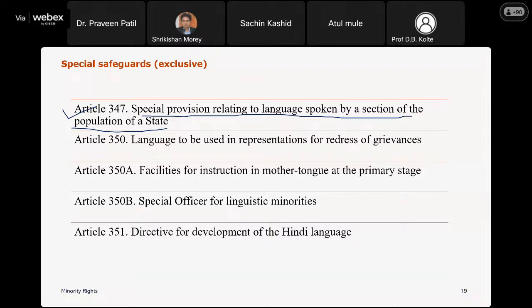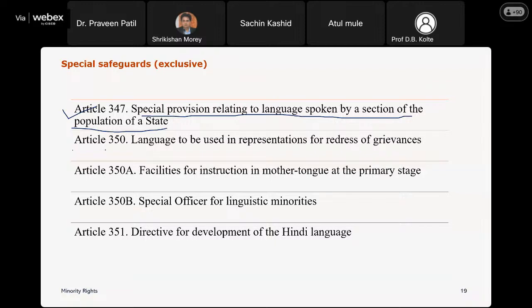And dear friends, based on this Article 347, there were many commissions appointed by the President of India to look into the matters of Marathi speaking people in the Belgaum district. This is the power of Article 347, which provides special safeguards to the citizens of linguistic minorities.